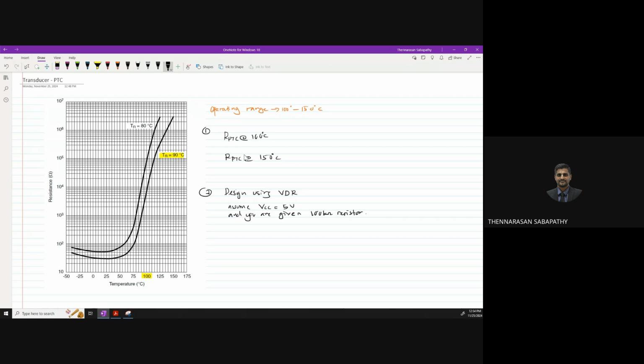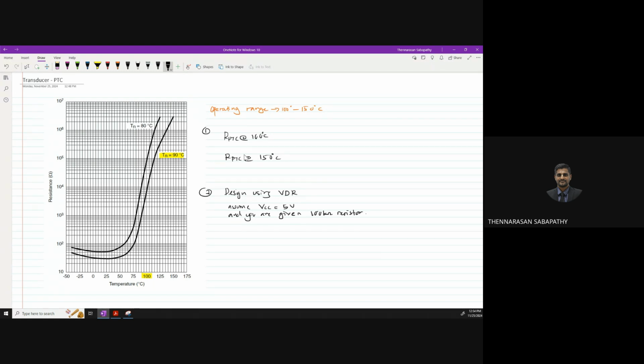So you will use this 100 kilo ohm resistor in your voltage divider. This is all something you have to do by yourself. You can do it now, or later if you want, but this is the flow.